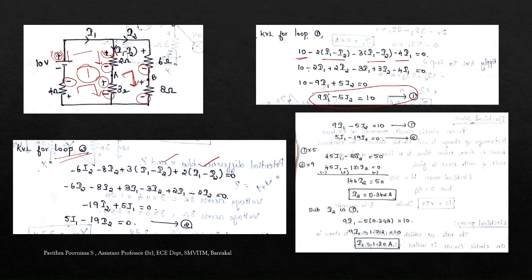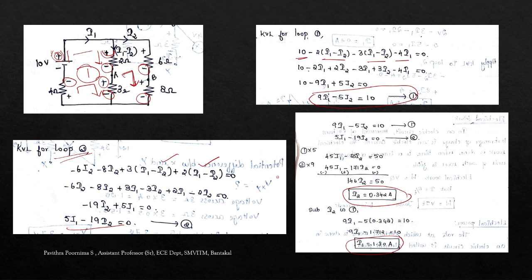According to that we write the KVL equation, and the second equation is 5I1 minus 19I2 equal to 0. In the calculator, if you substitute those values by considering the AX plus BY equal to C form, you will get the answer, or you can do the hand calculation for I1 and I2.